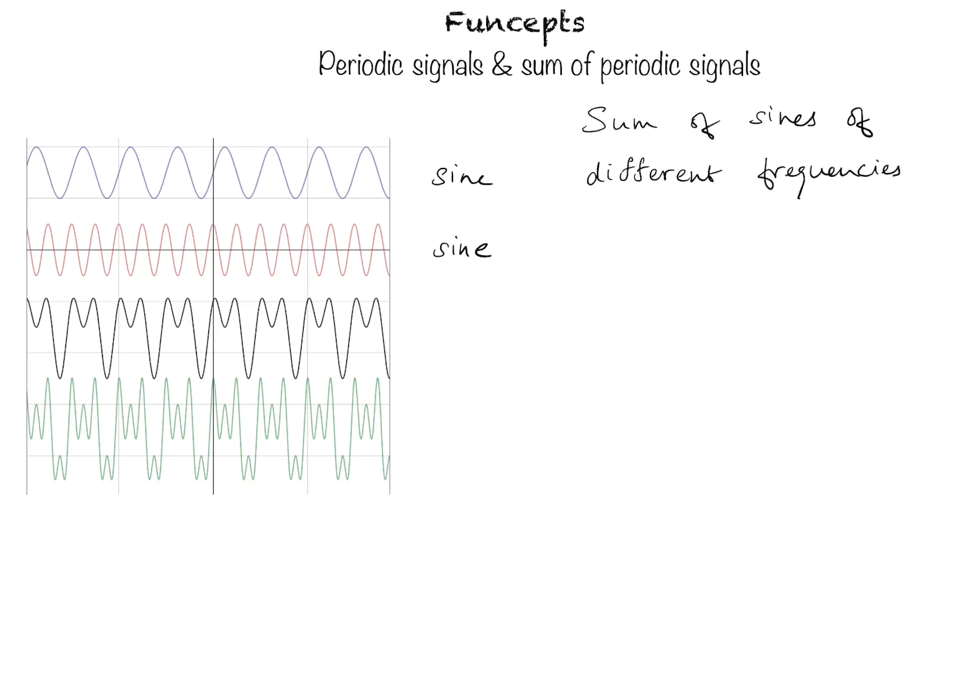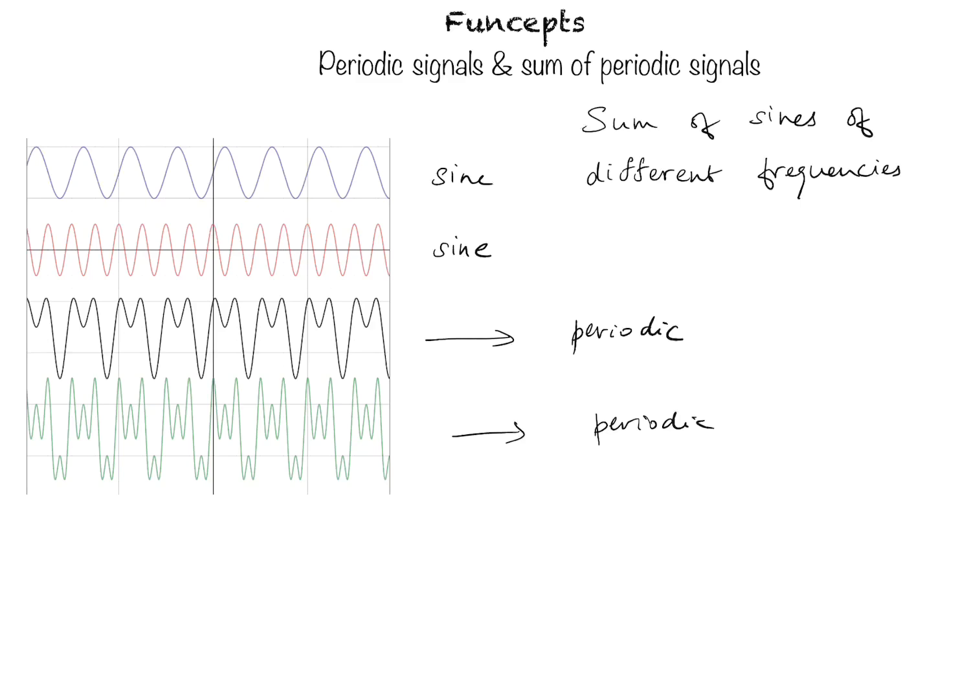And when these two are added together, we get this black waveform, which is periodic with the period same as the purple waveform, the longest period in the signal.